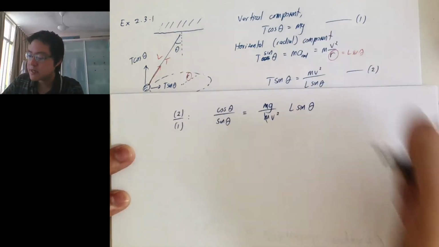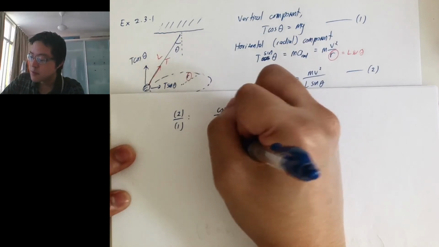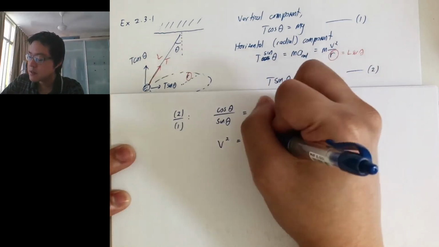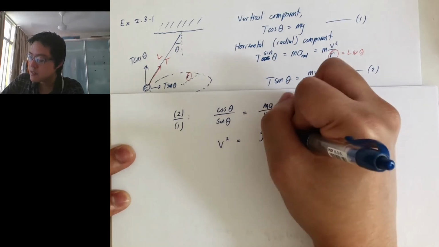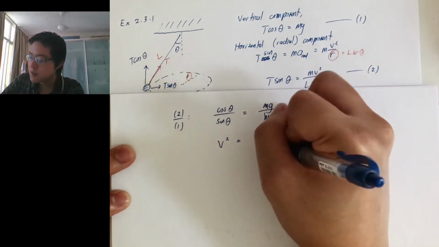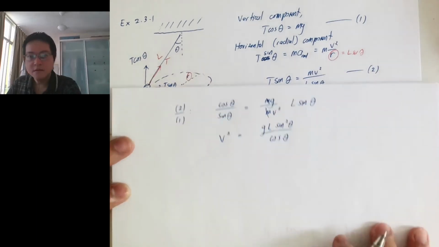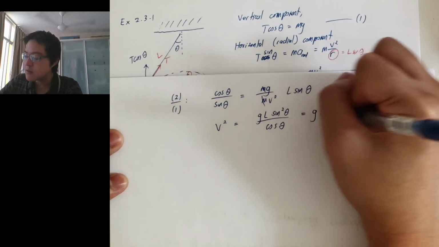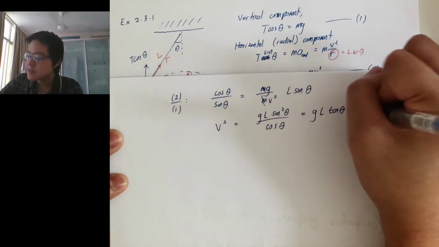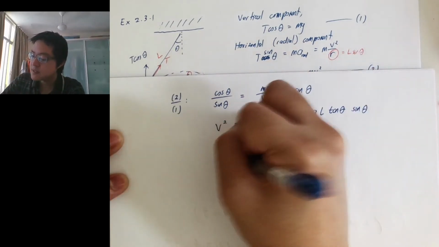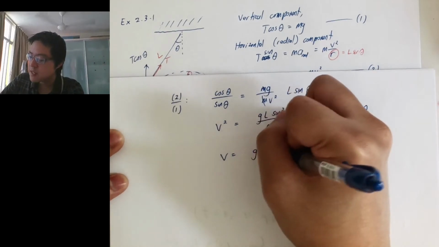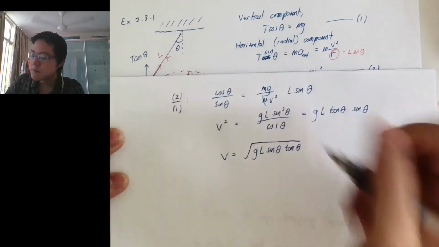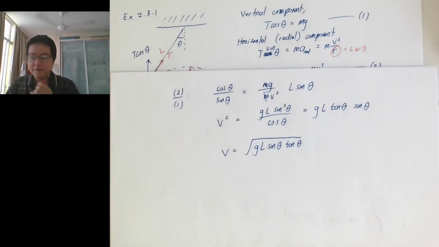So the m cancel each other, and then I put my v squared over here, and then I bring this, I got gL sine square theta over cos theta, right? So if you want, we can express this as sine over cos is a tangent, and then this is sine theta. So my v is the square root of gL sine theta tangent theta. Okay, so this is my formula.